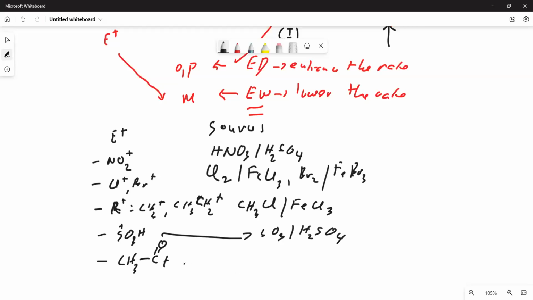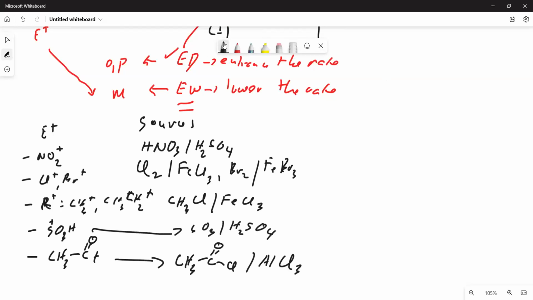And finally, for acyl carbonium ion, you can use acetyl chloride or ethanoyl chloride with a Lewis acid again. So this is how the electrophiles are generated. They are given specific names.